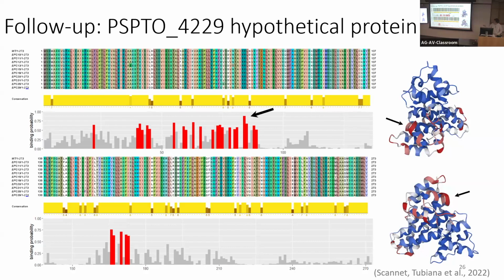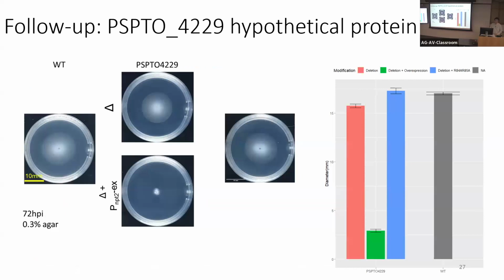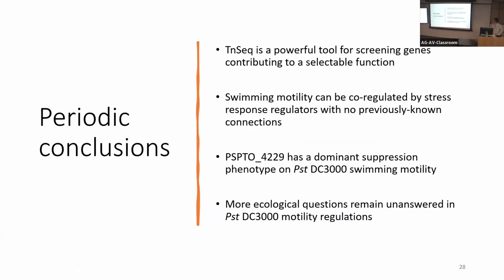And we indeed find the highest predicted interacting site aligns with a hotspot here. So we went in and did the mutation. We replaced those two arginines that were flagged with alanines, and we found that the phenotype is gone. So great, now we know there is an important residue for this suppression phenotype. The ecology of it, again, no idea.